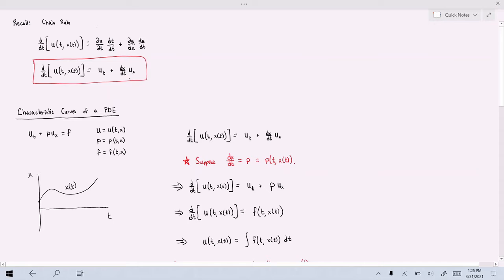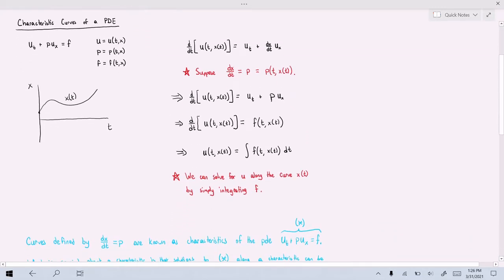I think it's maybe worth noting at least once that ut and ux should be evaluated along t, x of t. dx/dt is a function of t, so it'd be evaluated at t, okay? So to make the notation simpler, I'm not writing all of that out, but maybe that is something that's good for you to keep in mind.